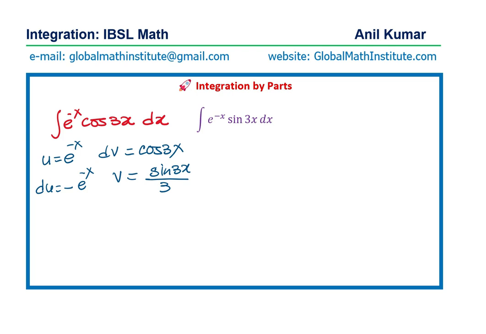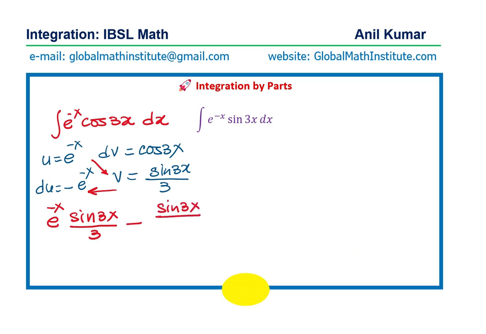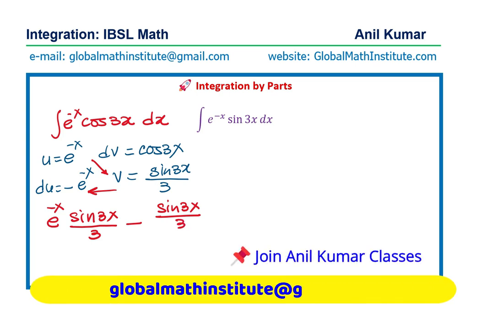And therefore, we can now rewrite the integral of e to the power minus x cos 3x as uv. So let's multiply u and v, and then v du. So uv gives us e to the power minus x sine 3x over 3 minus v times du, which is sine 3x over 3 times minus e to the power of minus x dx.